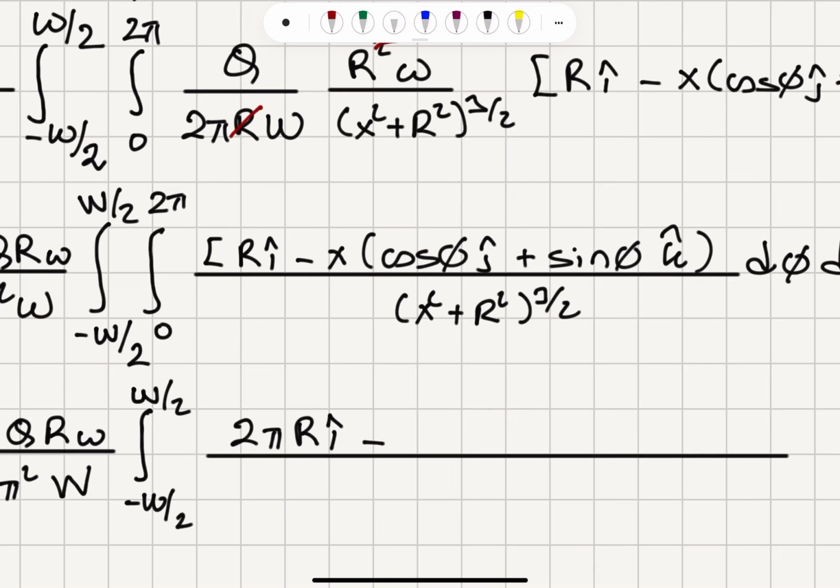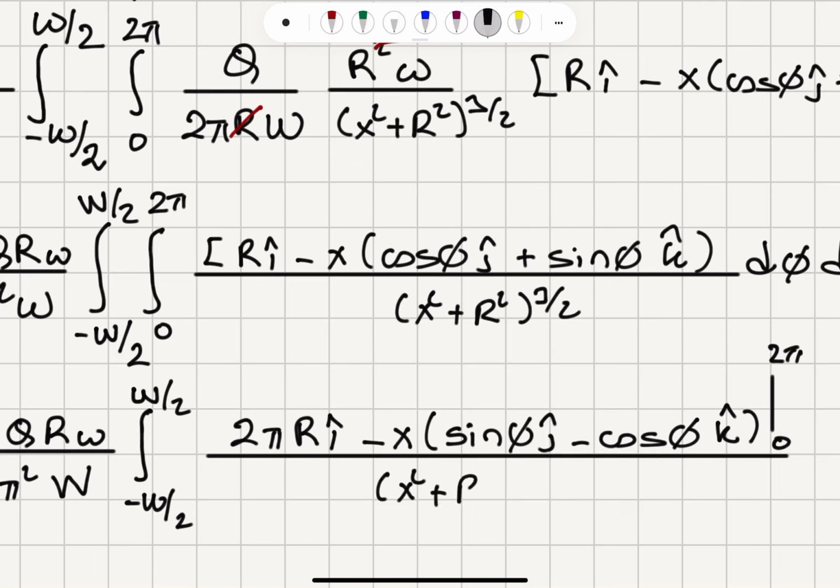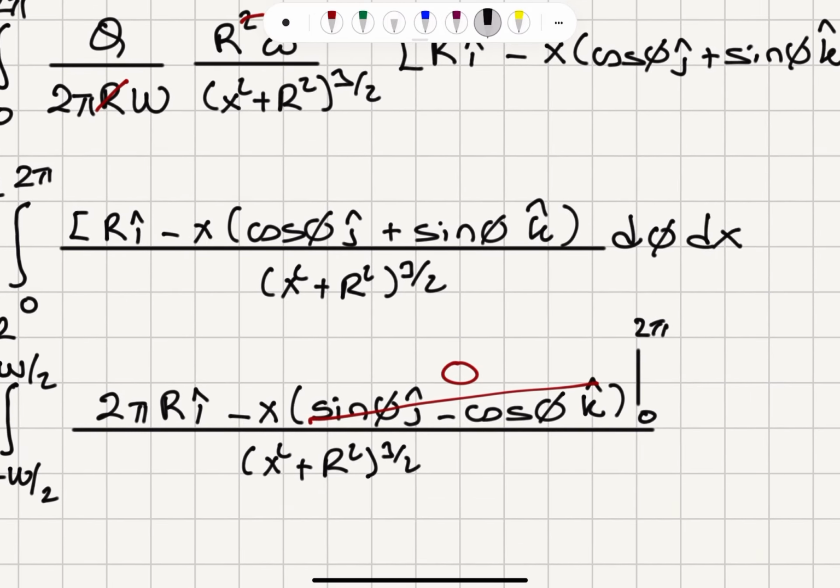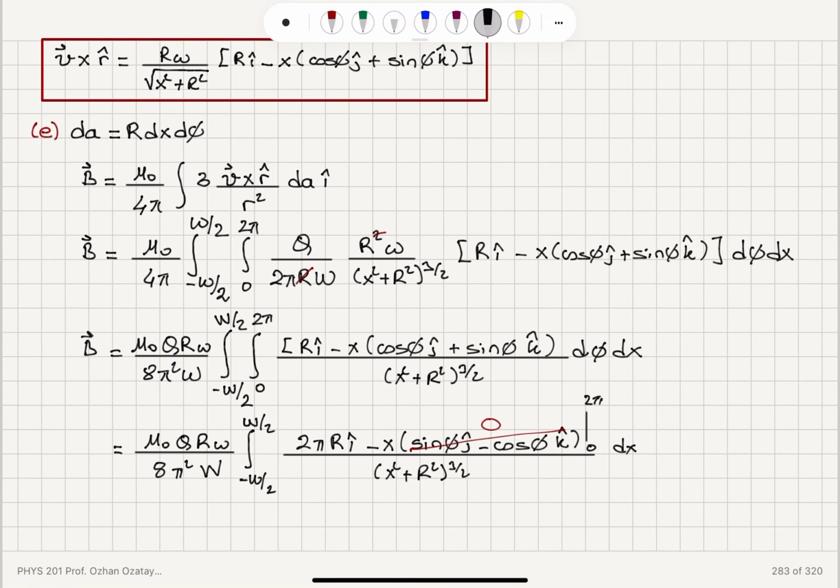The phi integration for this part will give me minus x. Integral of cosine is sine phi j hat, integral of sine is minus cosine phi k hat, which will be evaluated between 0 and 2 pi. Sine and cosine are periodic with 2 pi, so these two evaluations will give me 0. So this part will give me 0, and I will be left with only the x integration.